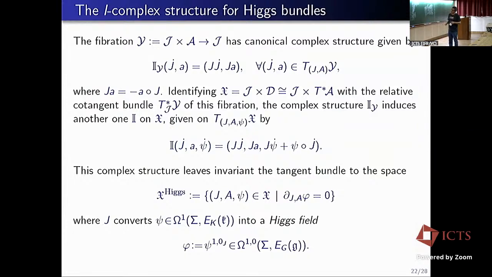This is the I. You look at this fibration X as the relative cotangent bundle of another fibration.